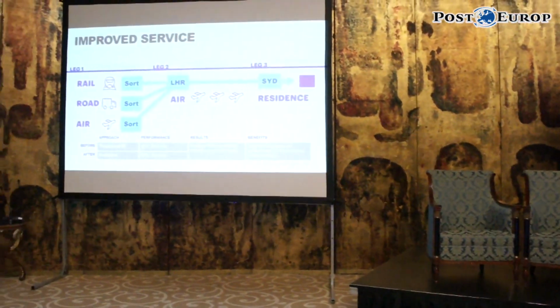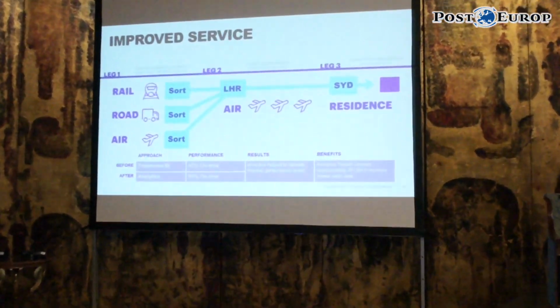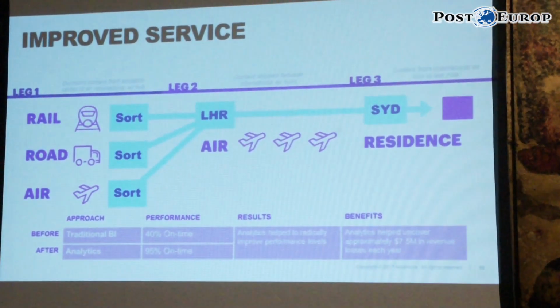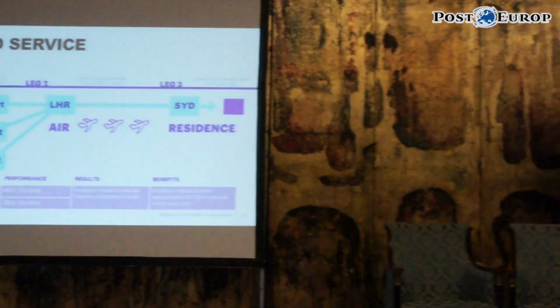Using traditional BI methods that they had, like the reporting that they were gathering at that time, they were able to get to a 40% on-time rate, which is abysmal, right? That's horrible. You're better off flipping a coin in some ways.